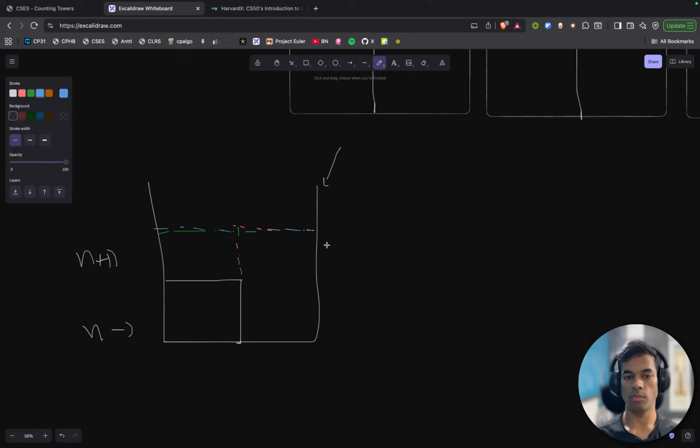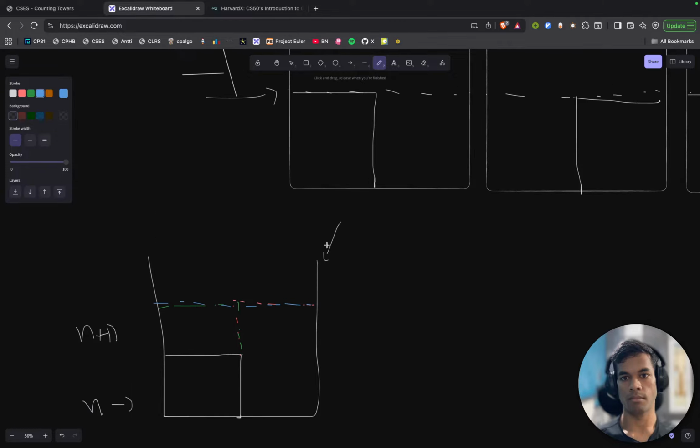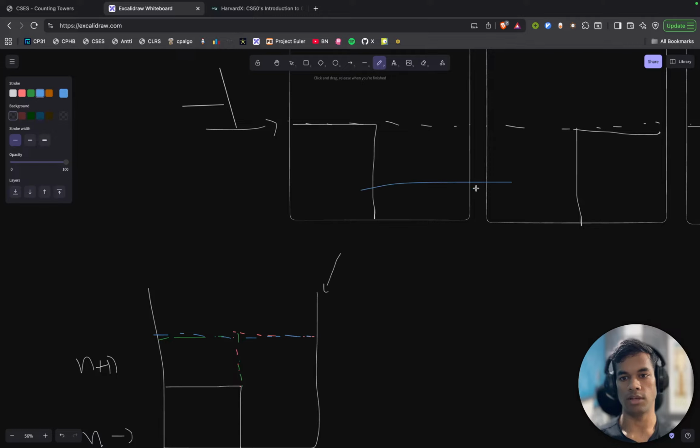So all four possibilities. Wait, and these two are literally symmetric. So whatever the answer is for this, we can just 2x that answer and we get this one, right?